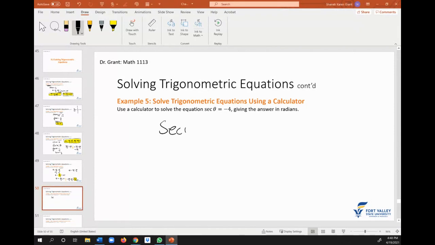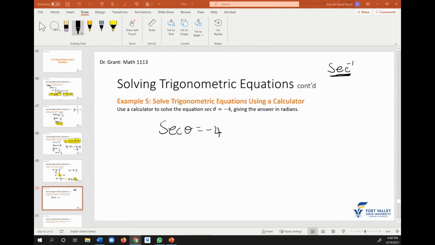So if we have secant of theta equals -4, well, we can take the inverse. This means we need to find theta. And so that means we should take the inverse. So sometimes some of our calculators do not have the inverse though, right? So when I'm saying inverse, I'm talking about, you should see something like this on your calculator.